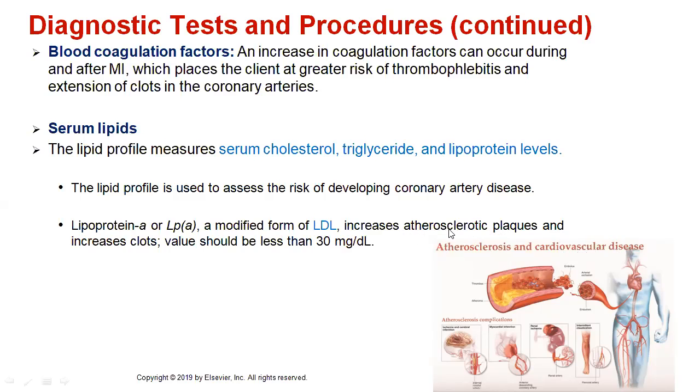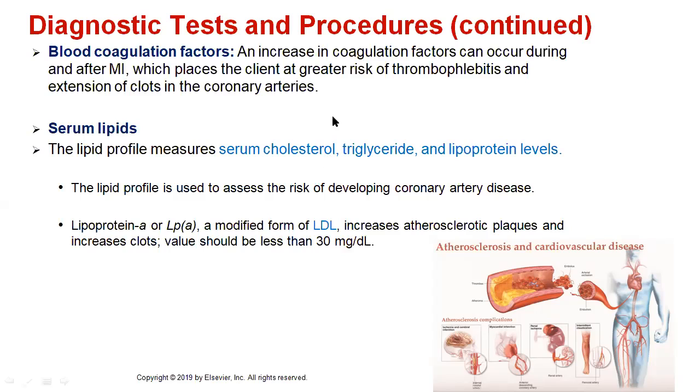They increase the atherosclerotic plaque and increase clot formation, and the value should be less than 130 milligram per DL. Low density lipoprotein should be less than, some books say, less than 130 milligram per DL.